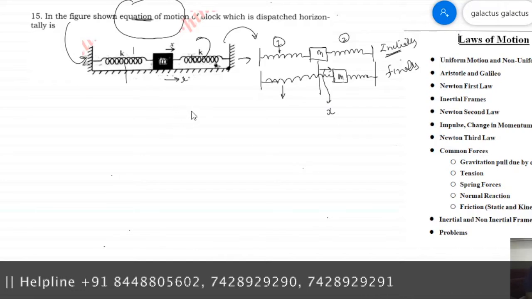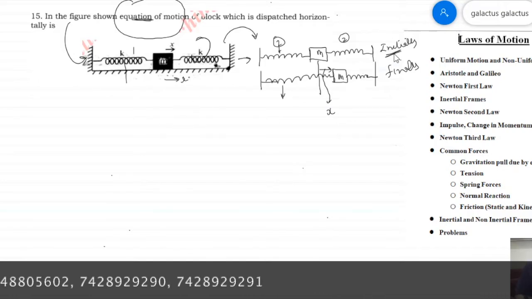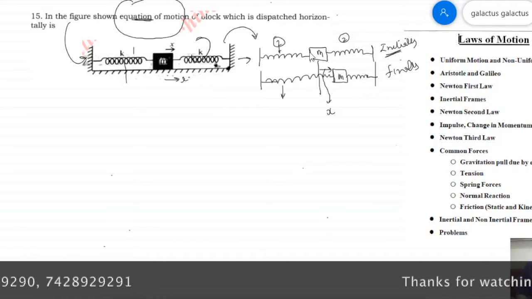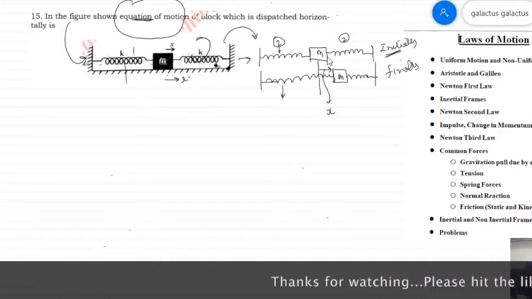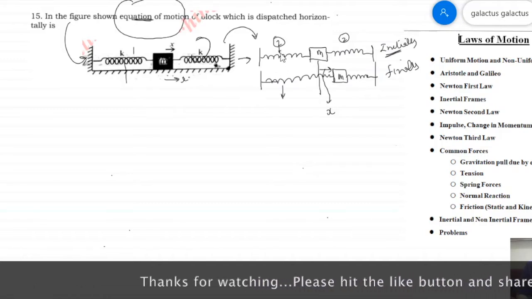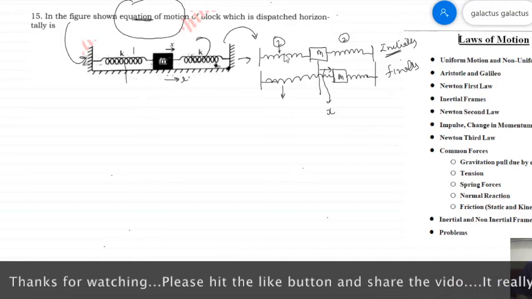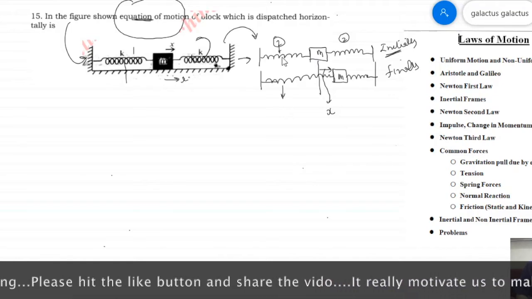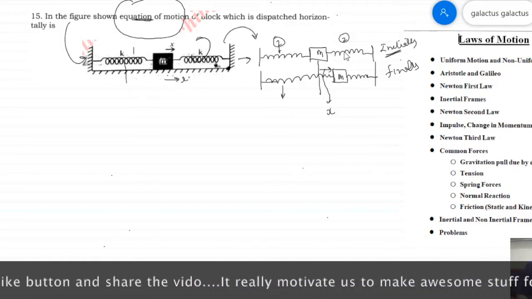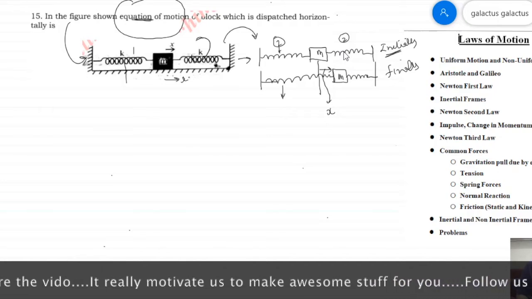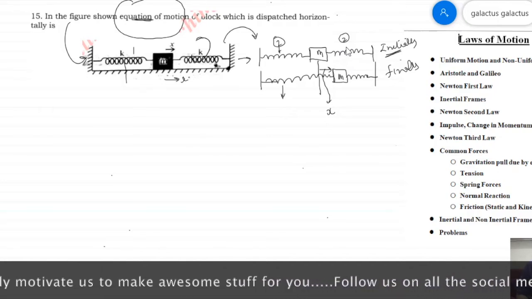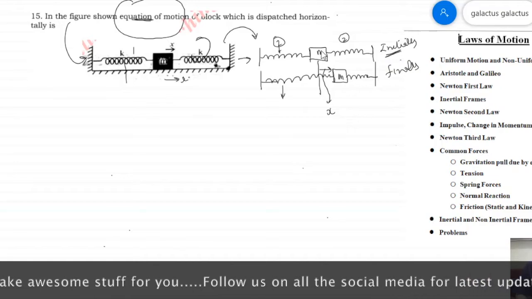So initially, when the system is undisturbed, that is, if the mass was not displaced, spring 1 will be neither compressed nor extended. Similarly, spring 2 will be neither extended nor compressed if the system is undisturbed.